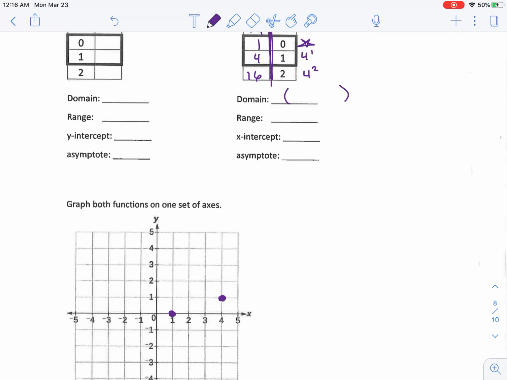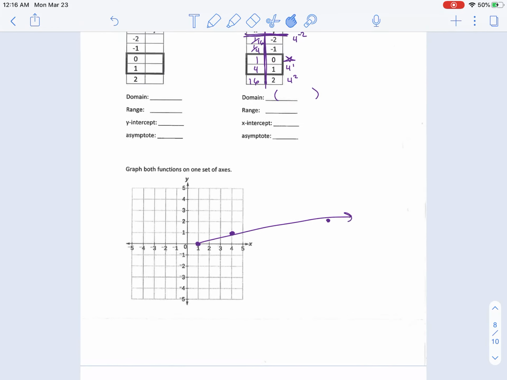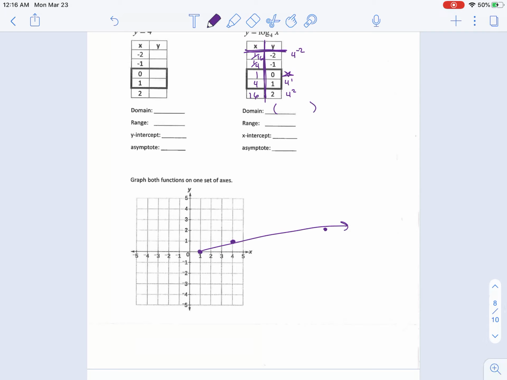I'm going to pretend I go all the way to 16 and go up to 2. So I've got this thing going on right here. It kind of looks linear, but it's not. It's a flattened curve. And then remember that I said 1/4 is kind of hard to graph. Well, let's try it. So 1/4 is right about there, and it lands at -1. So I end up with that L-ish, J-ish shape.